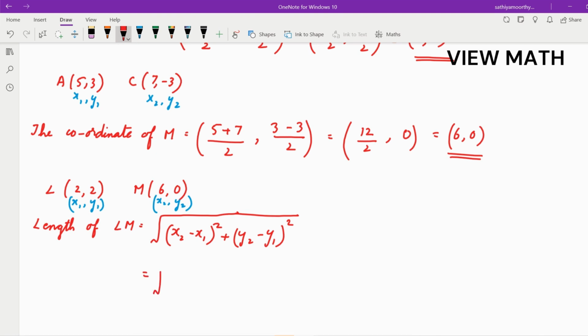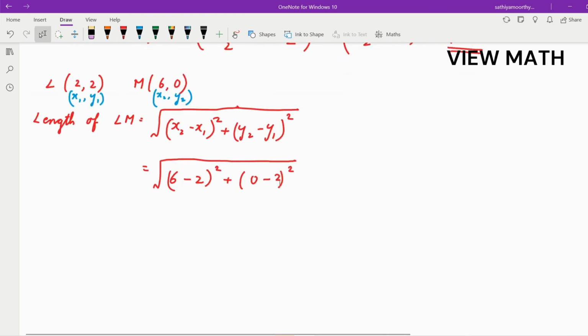Now let me substitute in the formula. Here x2 is 6 minus x1 is 2 the whole square plus y2 is 0 minus y1 is 2 the whole square. Let me simplify this. Now this is equal to square root of 6 minus 2 is 4 the whole square plus minus 2 the whole square.